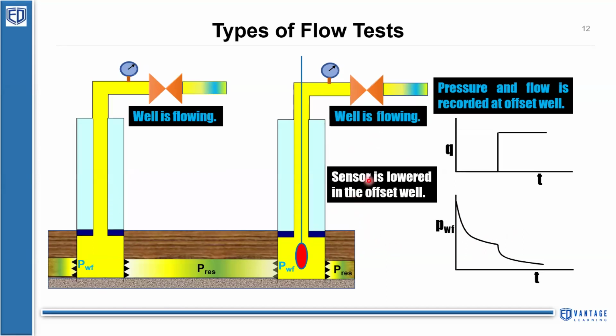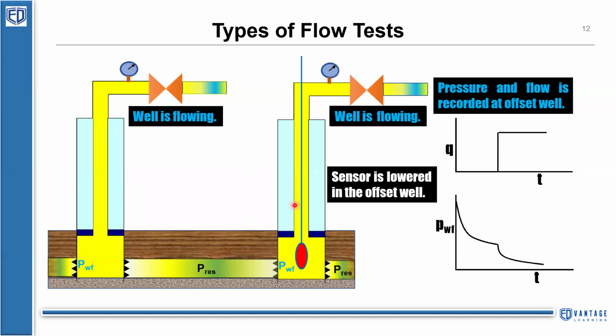Also, if you look at the multi-bean or multi-choke test that I mentioned, you first have a well that is flowing and you have another well that is flowing. So both the wells are flowing. The pressure is recorded in the offset well. Initially the Q is zero in the offset well because that well is shut in, but the pressure is dropping because the other well is flowing.